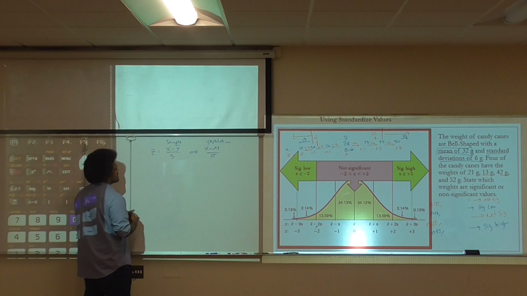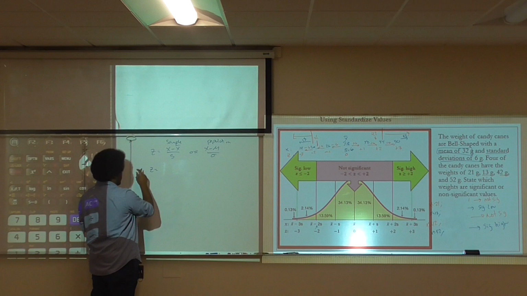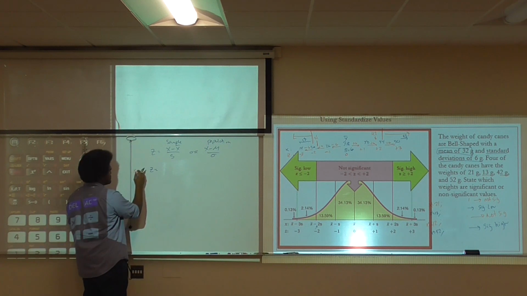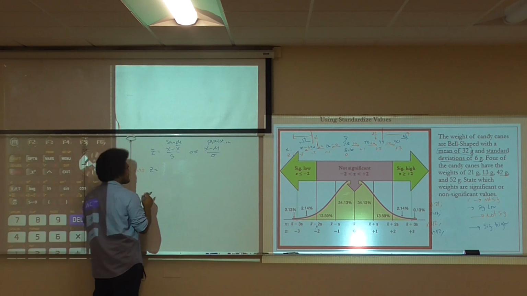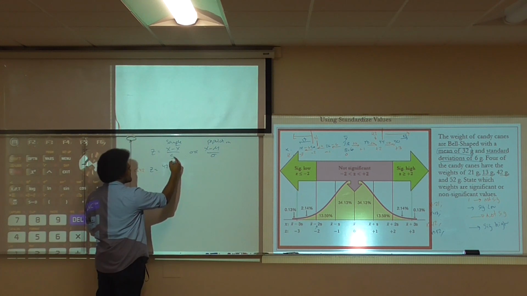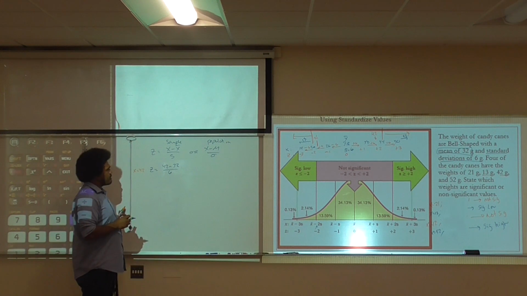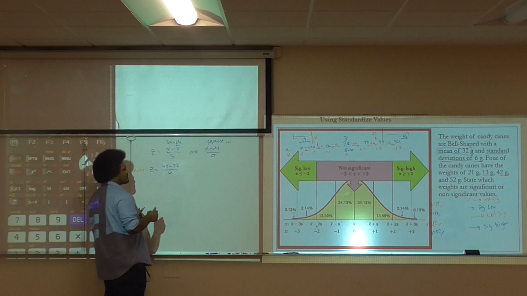So for the 42 one, we definitely see that we came from a sample. So our z is going to equal, well, over here we know that x is equal to 42. So z equals 42 minus the mean, which is 32, all over the standard deviation, which is 6. And we just do the work, simplify, and get to a conclusion.